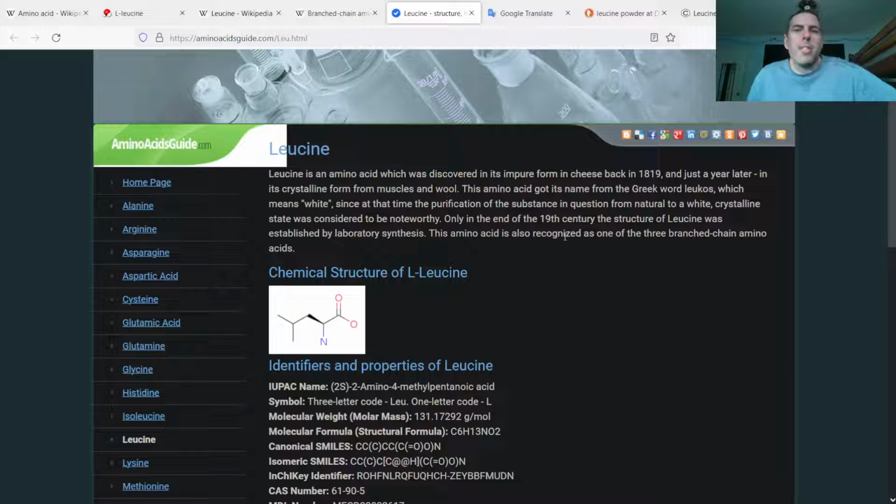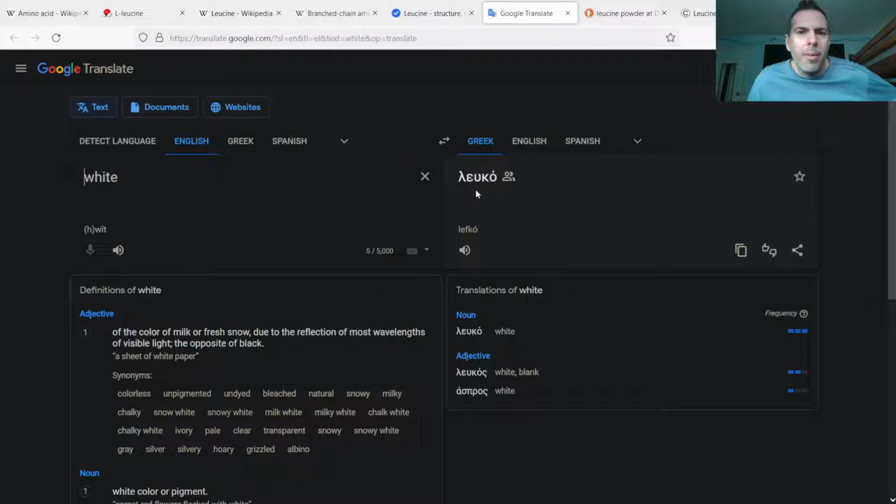The name leucine actually is a Greek word for white. In modern Greek, it's still similar. It's actually lefko is how you pronounce it in Greek, but if you convert that into English, the kappa usually ends up as a C, with more of an S sound.